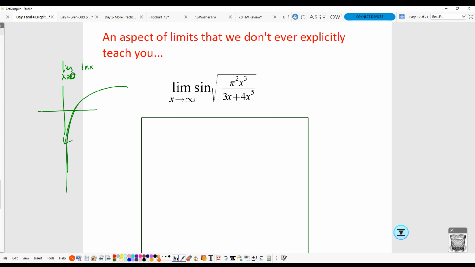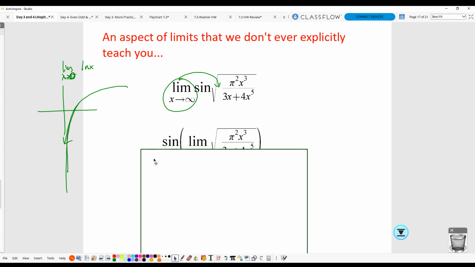Guys, question. Does the limit affect sine? No, it doesn't. So, can I pick this up and squish it inside sine? Yeah. Could I squish it inside the square root also? Did I hit x yet? I did not hit x yet, so I can keep moving the limit inside.